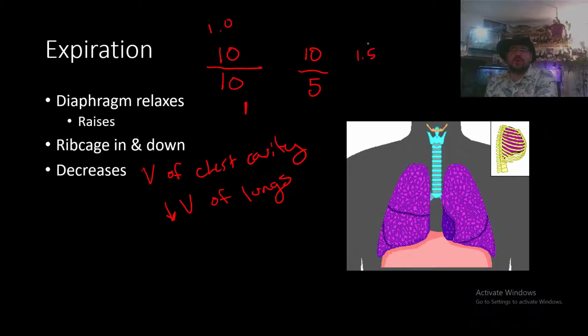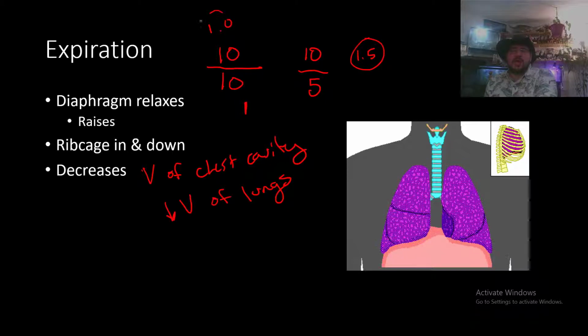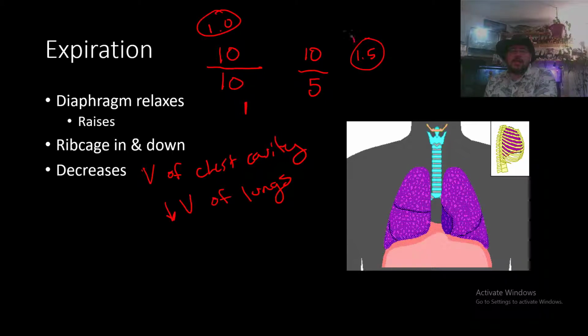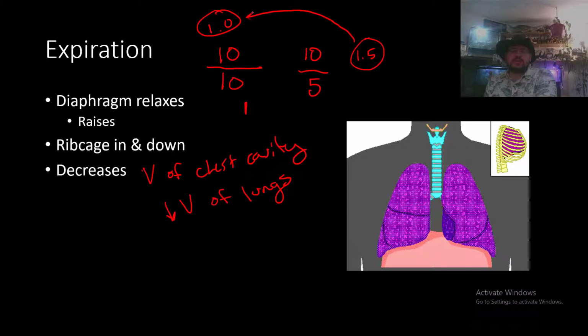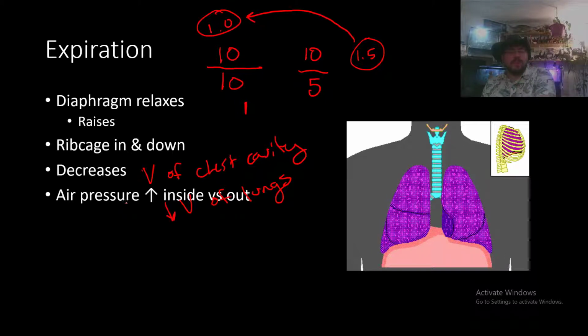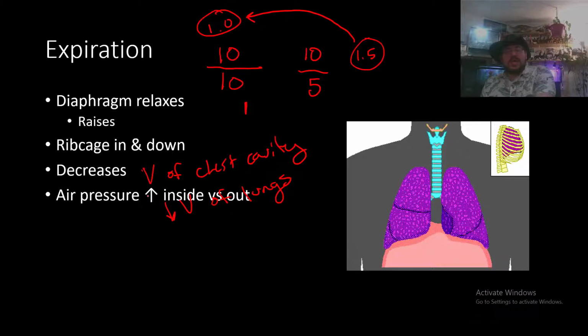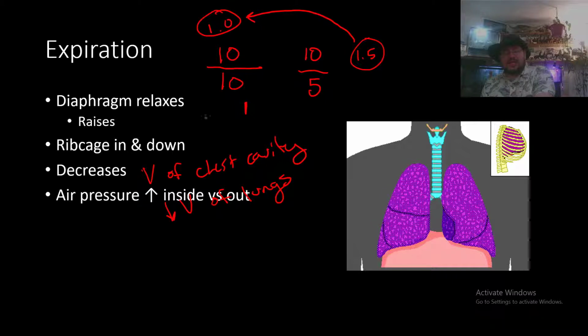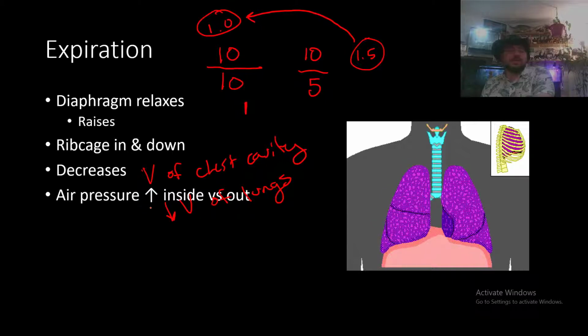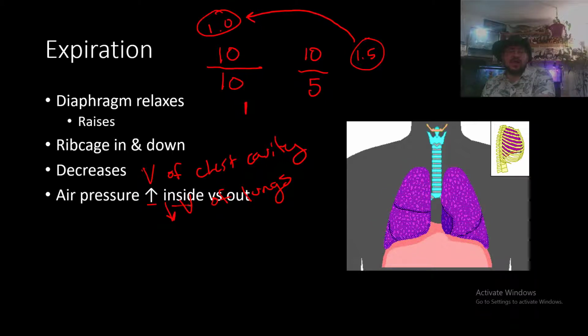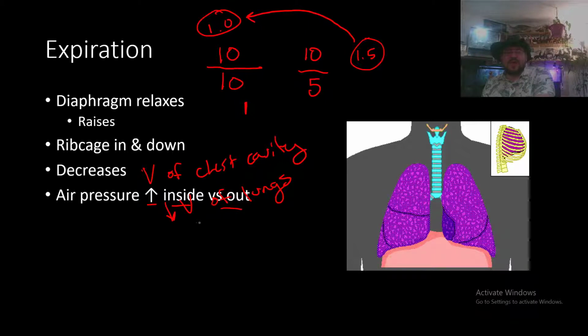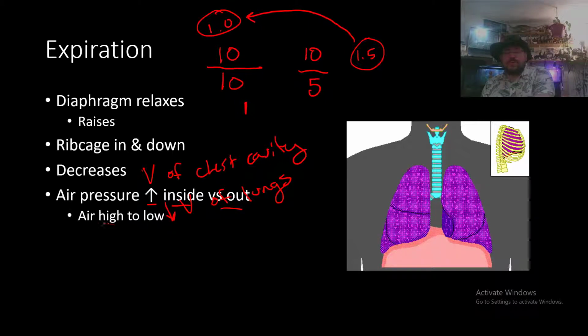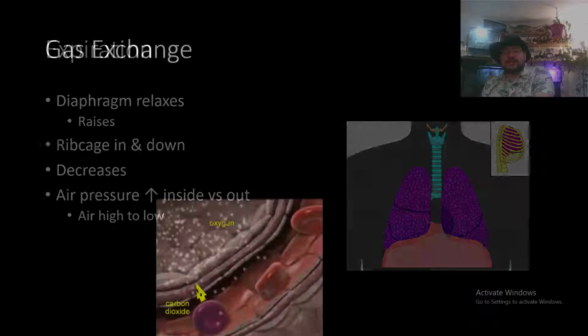Well, guess what? We're going to go from high to low, from your small lungs to the outside air. The air pressure outside is lower, so the air pressure is higher inside versus the outside air. So air moves from high to low and exits your lungs.